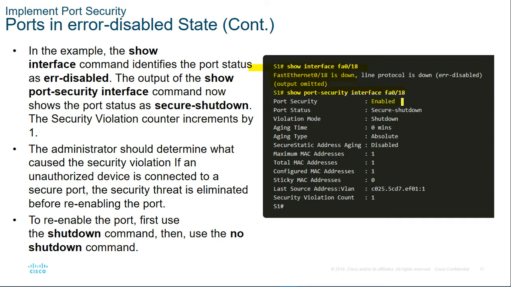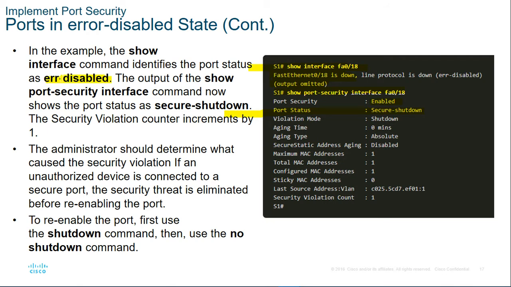Port security is enabled. But if you see, the status is secure shutdown. That means a violation occurred. Due to that, it is in the error disabled state. Here it is given as secure shutdown.